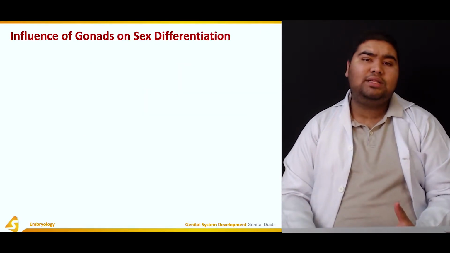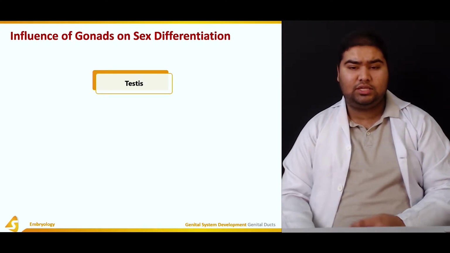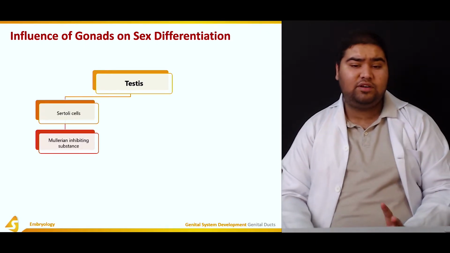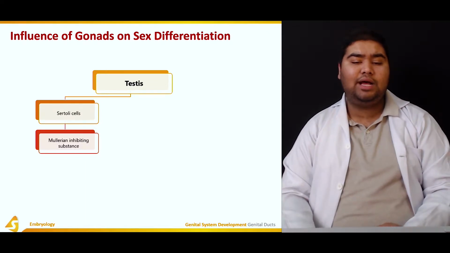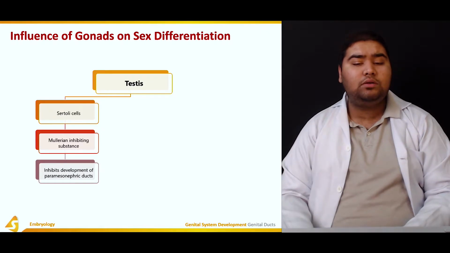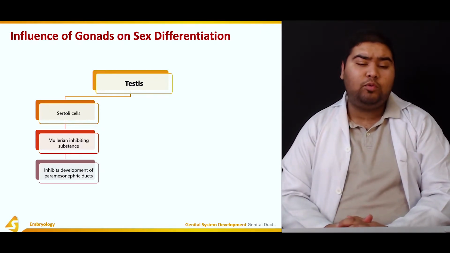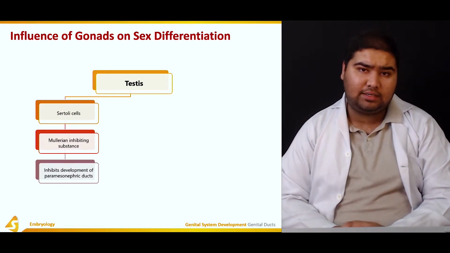So let's see what is the influence of gonads on sexual differentiation. So we have testes. Testes has two types of cells. The first type is the Sertoli cells. Now the Sertoli cells are responsible for secreting the Mullerian inhibiting substance. The Mullerian inhibiting substance or hormone inhibits the development of the paramesonephric ducts.